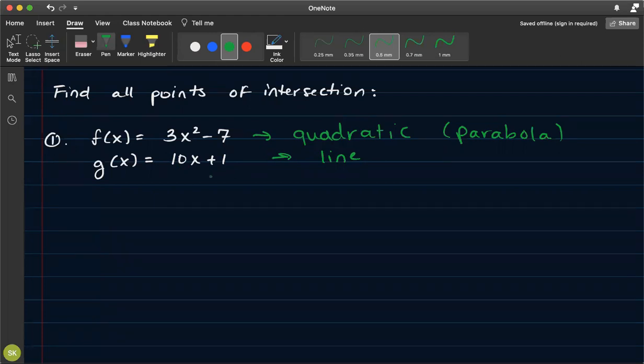So now that we know what the functions are, how do we find the points of intersection?